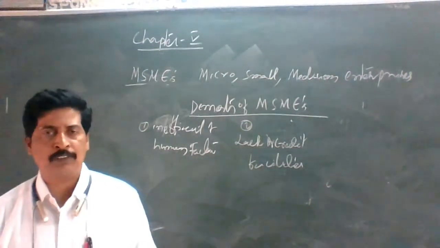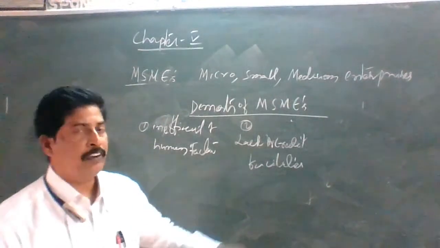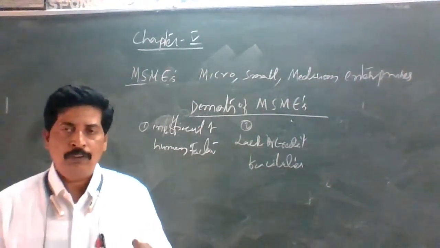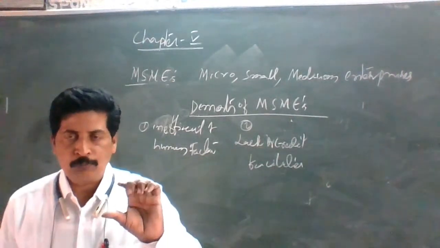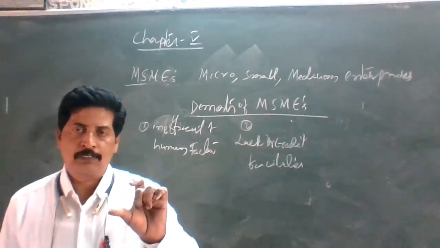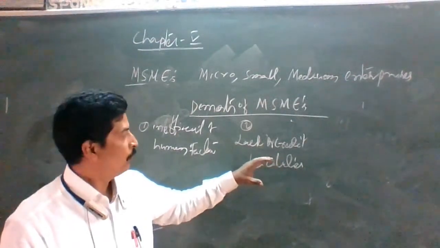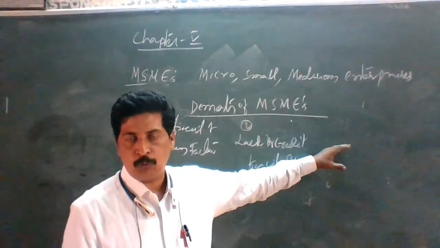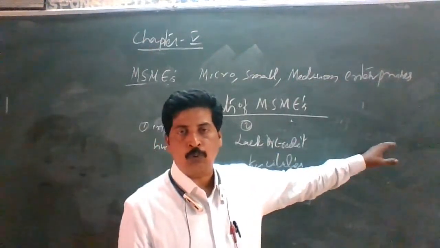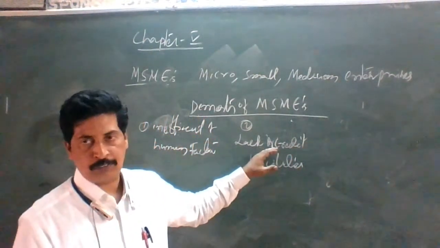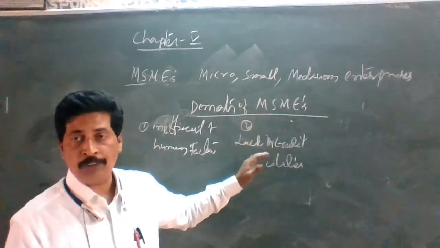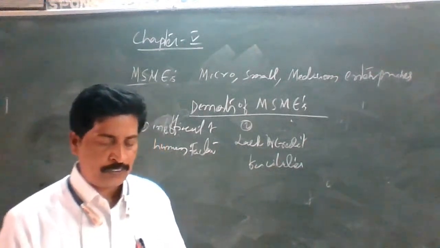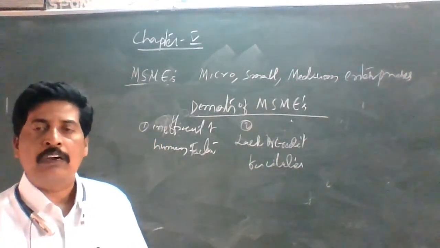So these MSMEs are facing a lot of credit problems because of their scale, that is micro, 25 lakhs investment, or 25 lakhs to 5 crore, or 5 crore to 10 crore. Sometimes they face a lot of credit problems. Lack of credit facilities is an important demerit.